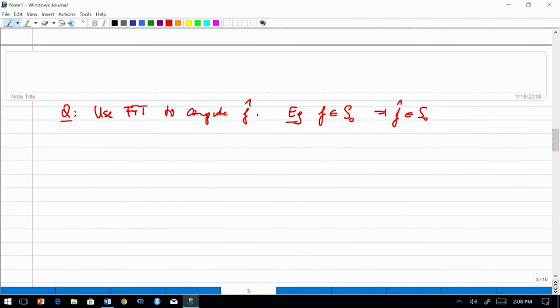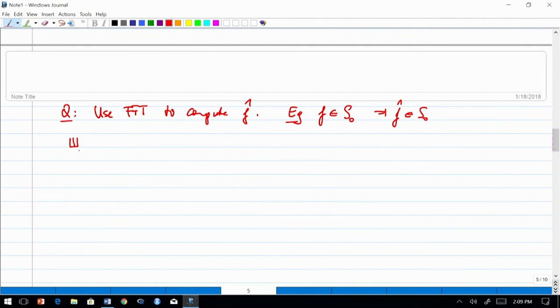Now, it's very important to understand that you cannot expect that taking a Fourier transform of the samples would give you the samples of the Fourier transform. However, what we can do is try to get into the discrete situation.